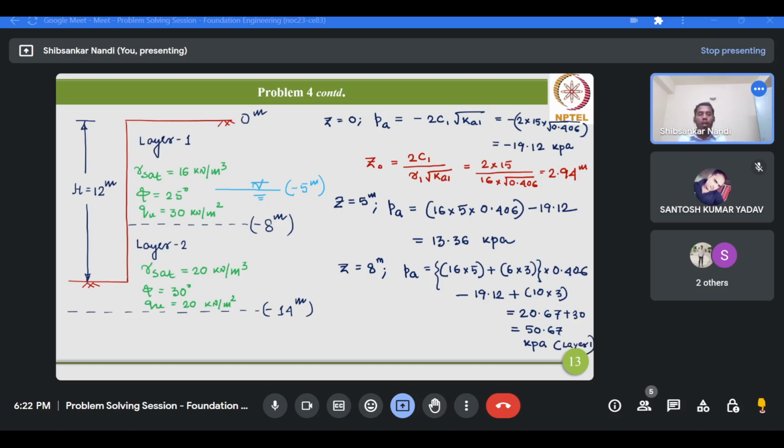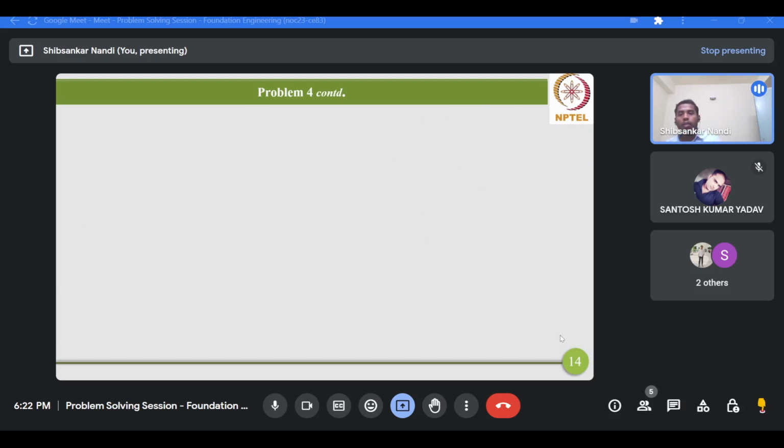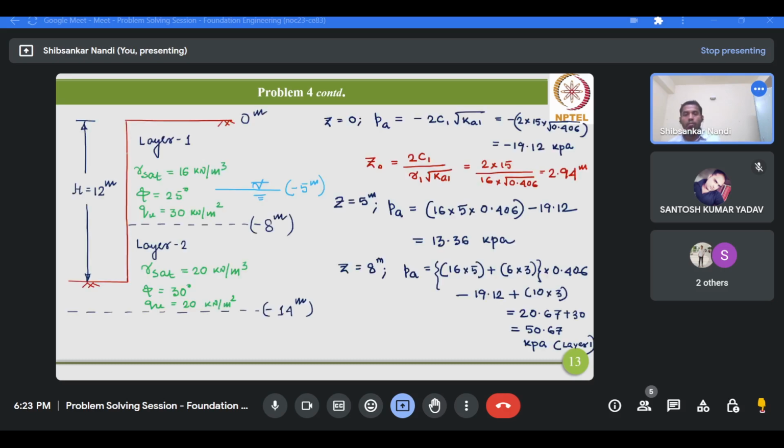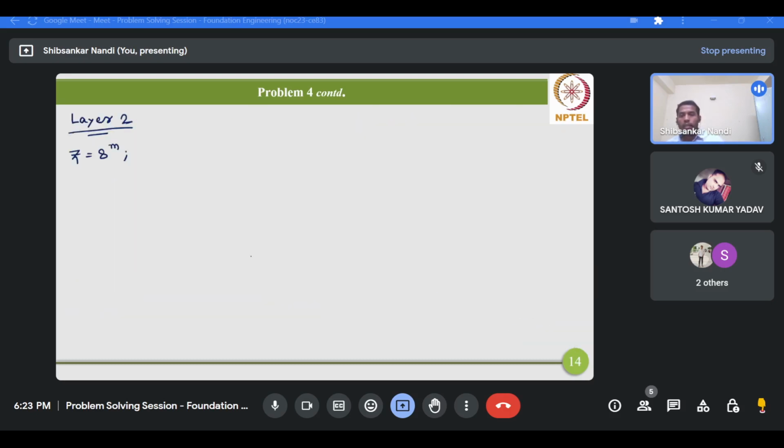Okay. Now we'll proceed for layer 2. Layer 2 will start from Z equals to 8 meter. So at the same interface, you will have a different PA value.